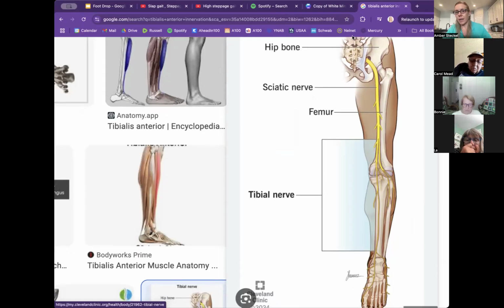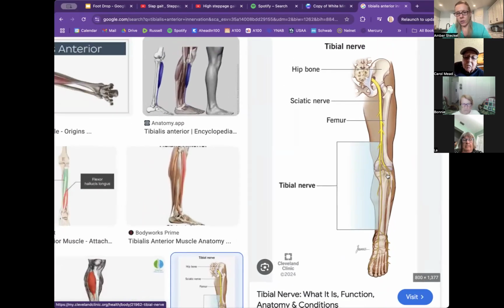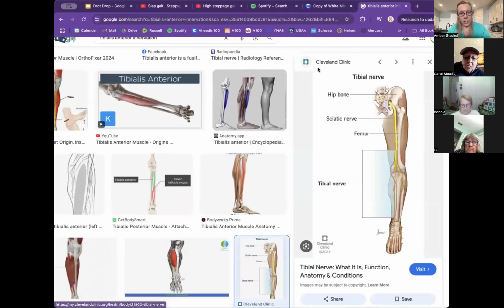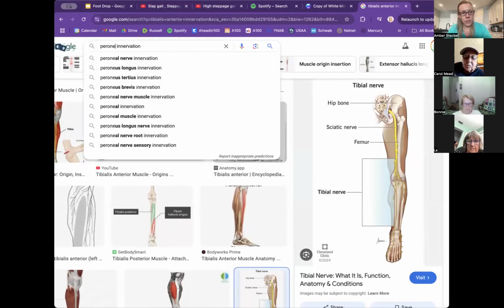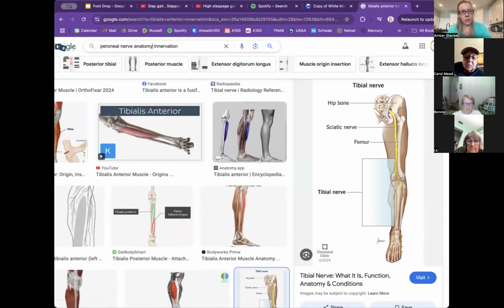Your nerve injury could be happening in your spinal column. It could be happening at the sacral plexus, the sciatic nerve. It could be happening behind the knee. It could be happening on the side of your shin. That's pretty much it, because it's the peroneal nerve, so that kind of ends there. I guess I could do peroneal nerve anatomy.